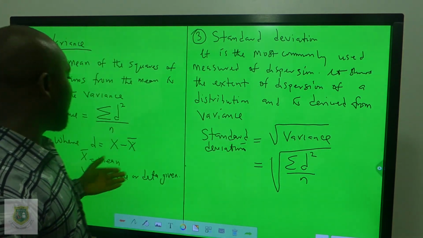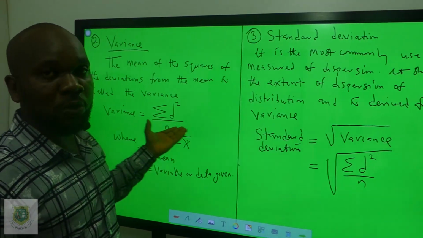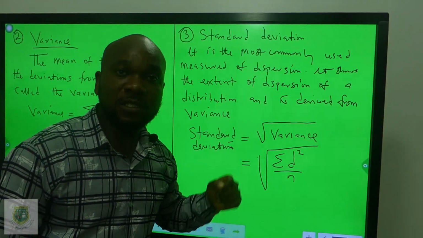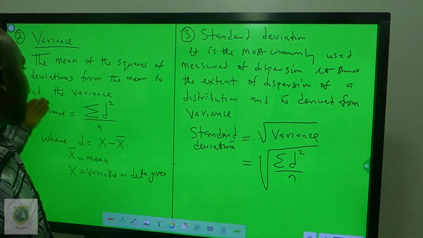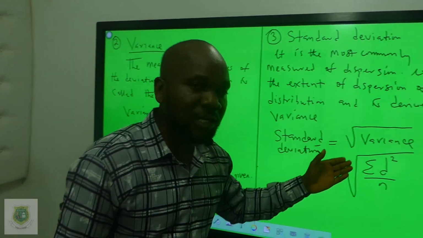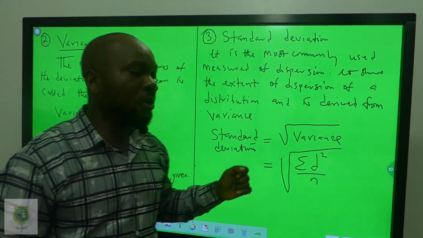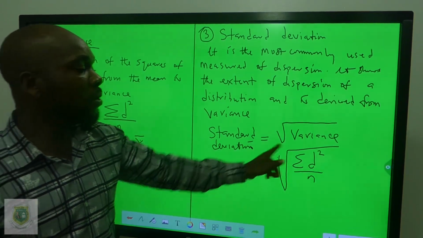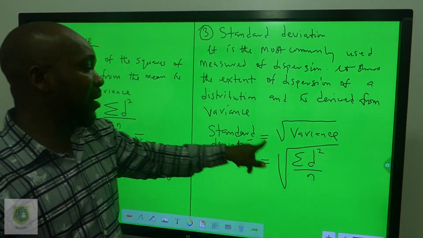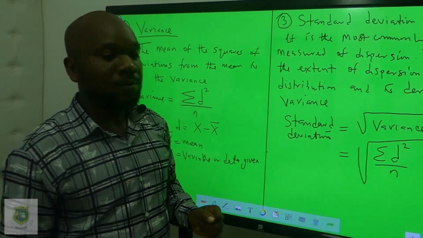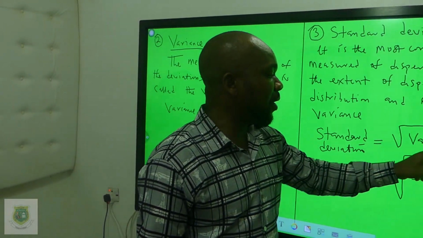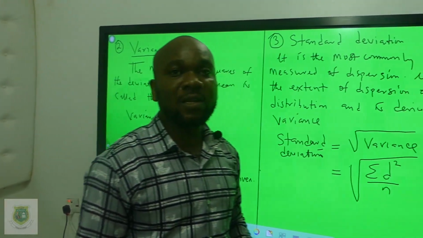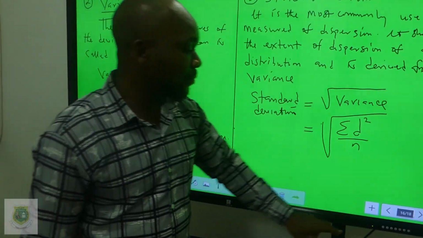So if you fail to determine the variance, you also fail the standard deviation. But if you get the variance, you will also get the standard deviation, because it is simply the square root of the answer you got in your variance. So square root of summation of d square all over n.